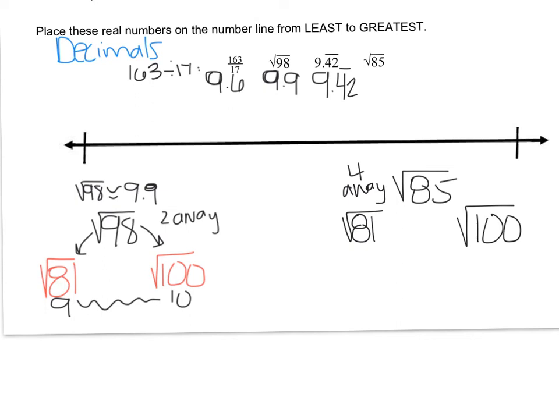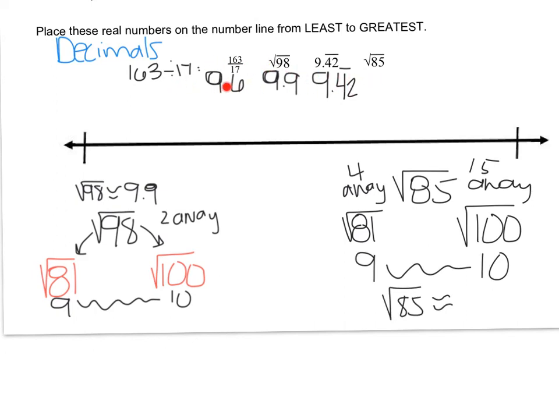It's 15 away from 100. So the square root of 81 is 9. Square root of 100 is 10. It's going to be somewhere in there. I would say the square root of 85 is about 9.2. Now, again, don't get hung up on exactly. I'm talking ballpark here.